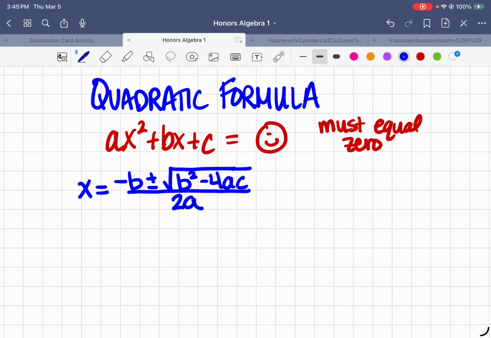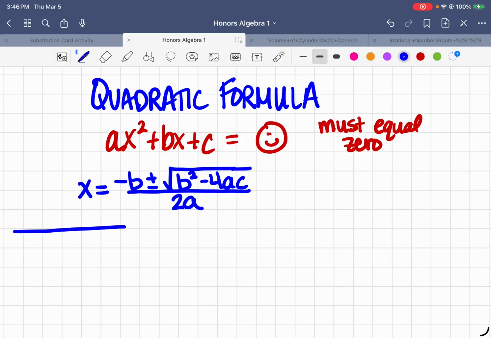Sung to Pop Goes the Weasel: x equals opposite b plus or minus square root b squared minus 4ac all over 2a. See? If you do it enough times and you write it enough times, you are going to know it.